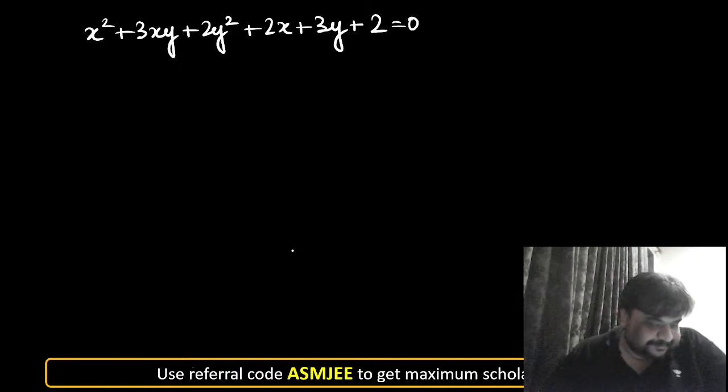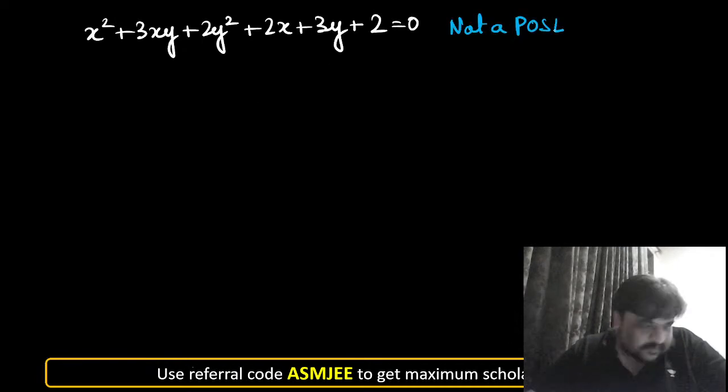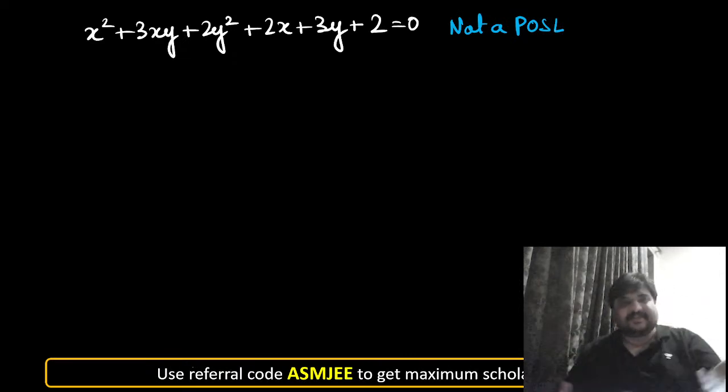So this is not a pair of straight lines. But still, if someone tricks you to find the point of intersection, you will apply the method.